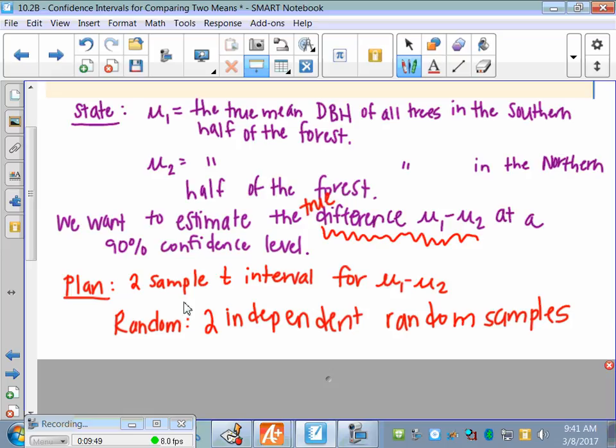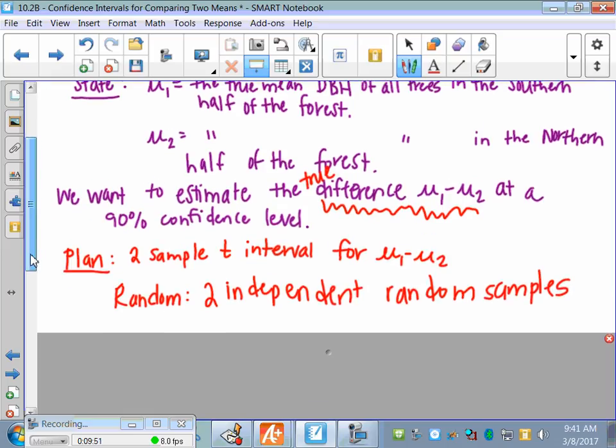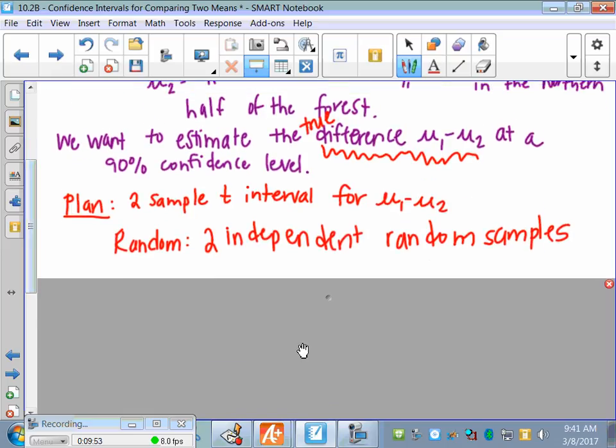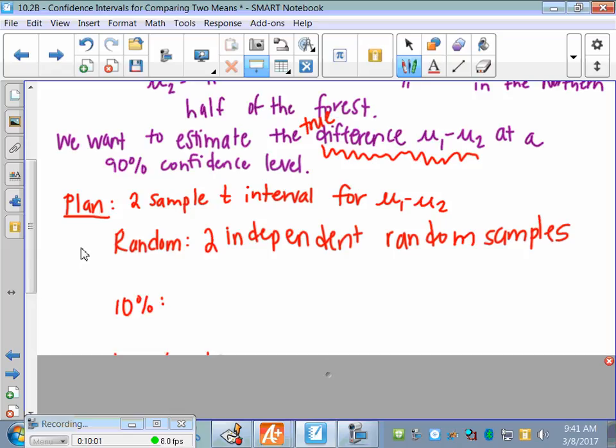All right, we have to check next the 10% condition. So what do you guys think? Do we have the 10% condition? So 30 times 10, there has to be at least 300 trees in each half of the forest, right? You got to check it for both. So you can say 30 is less than a tenth of all the trees in the South.